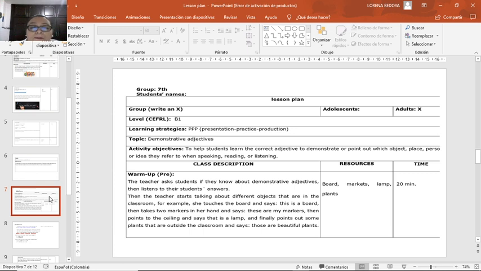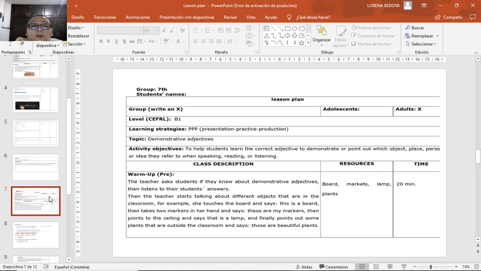The warm up. The teacher asks students if they know about demonstrative adjectives. Then, when the students answer that question, the teacher starts talking about different objects that are in the classroom. For example, she touches the board and says, "This is the board."